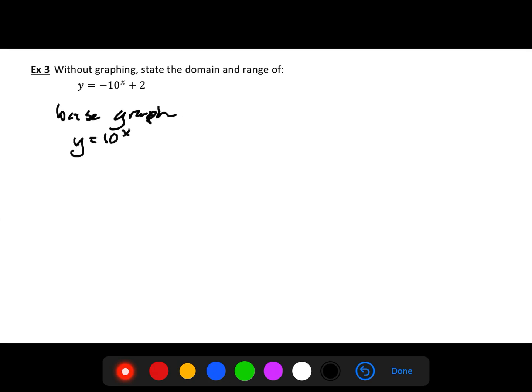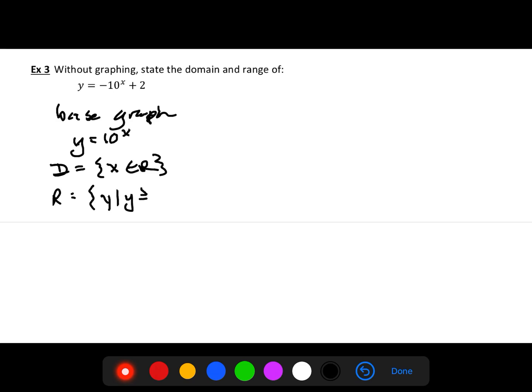So thinking about our base graph here of y equals 10 to the power of x. Well, remember our domain of our functions, we can sub any value in there for x as an exponent. Now, the range, though, did have its limit.